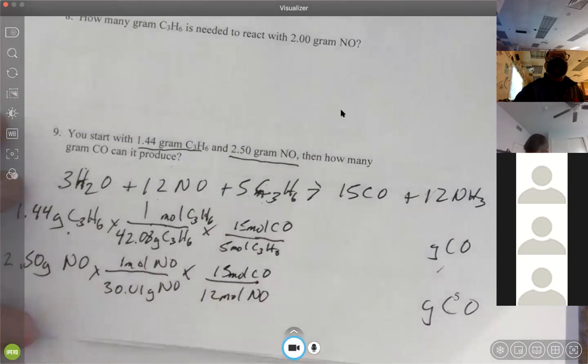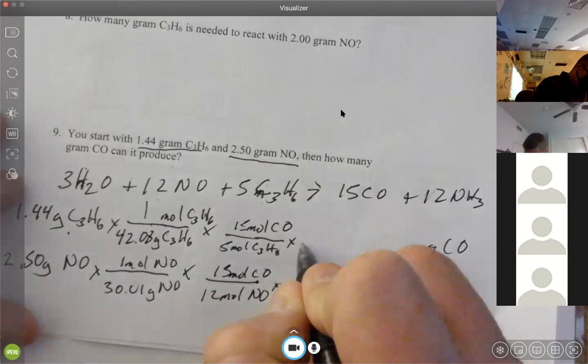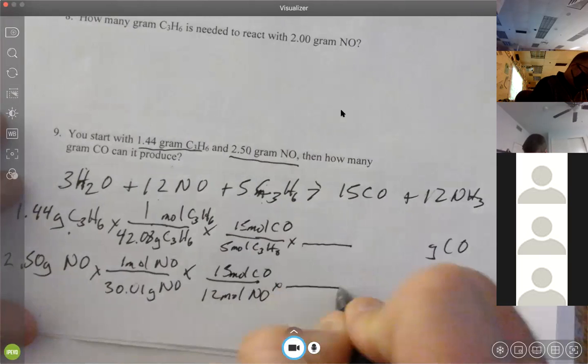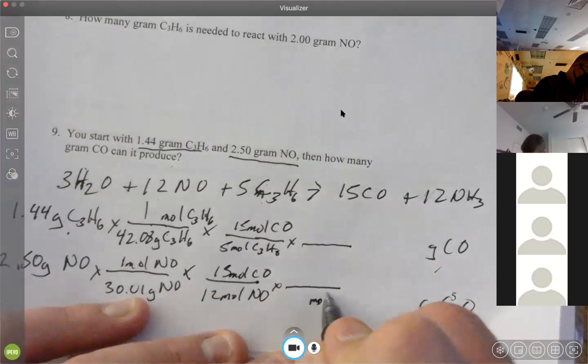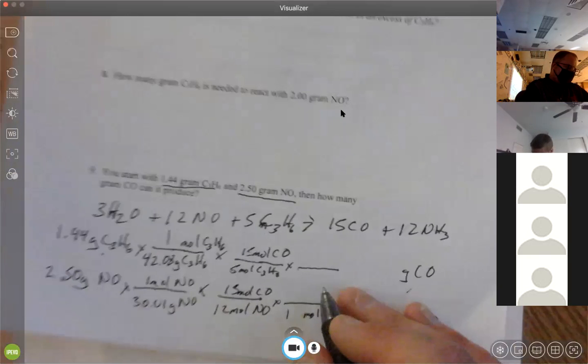We don't want moles of CO, we want grams of CO. Every 1 mole of CO is 28.01.